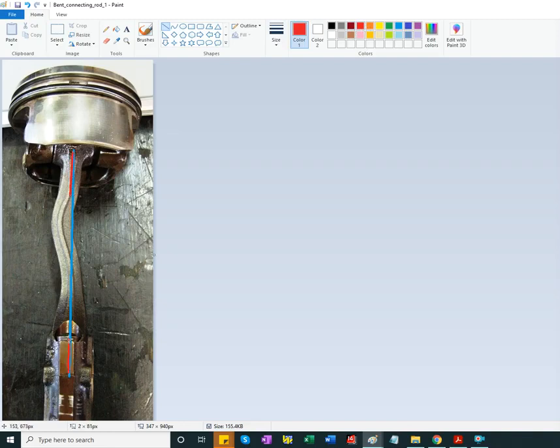Okay, so there's no rotation, and then it started to rotate.